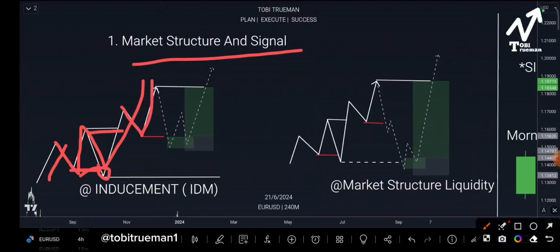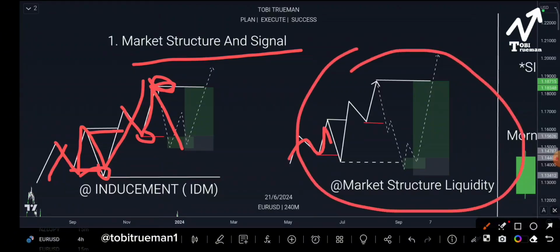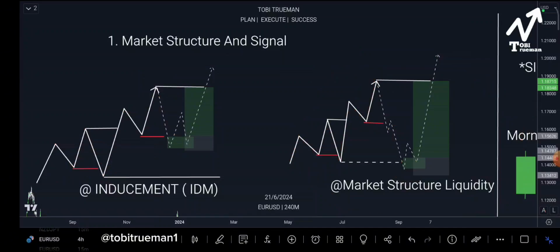Pullback again, price takes the inducement, this high is confirmed, then the same scenario here: price takes inducement, break of structure, inducement is confirmed, then price comes to the extreme structure to take out the liquidity. So we already know our market structure, just as simple as ABC: identify inducement, identify break of structure, just like that.